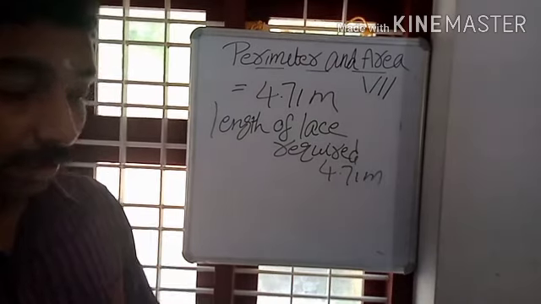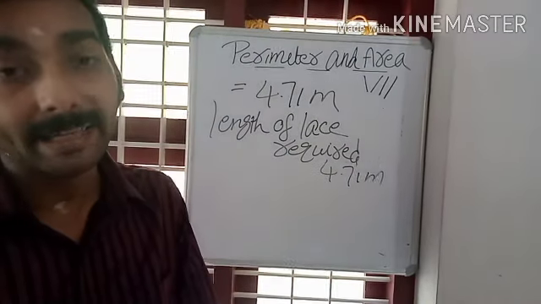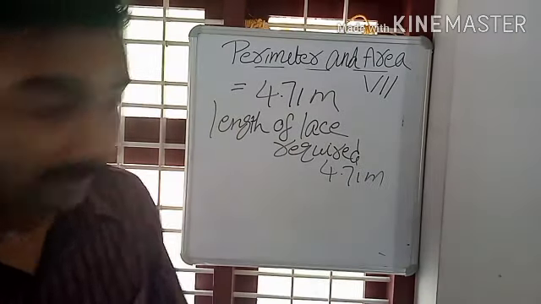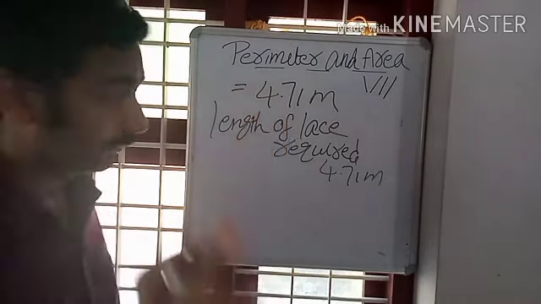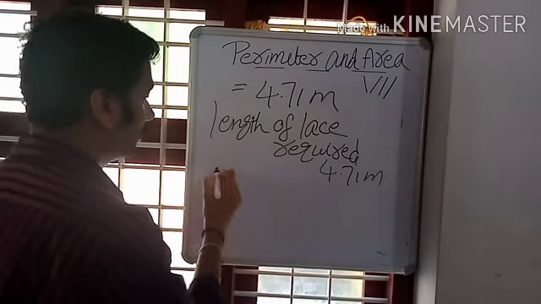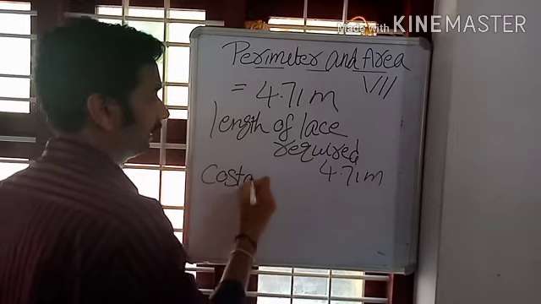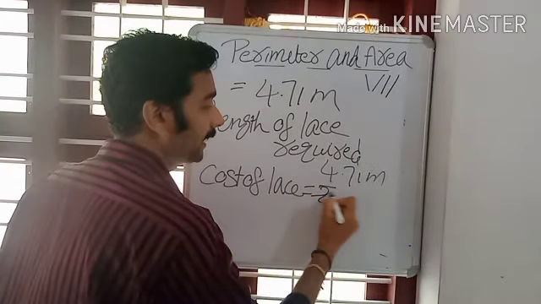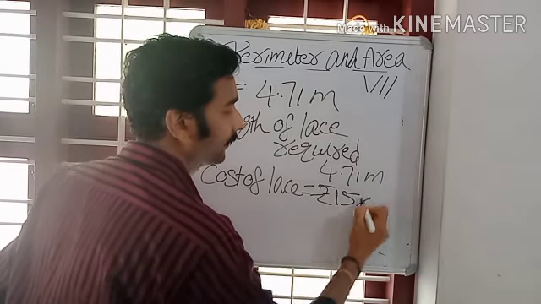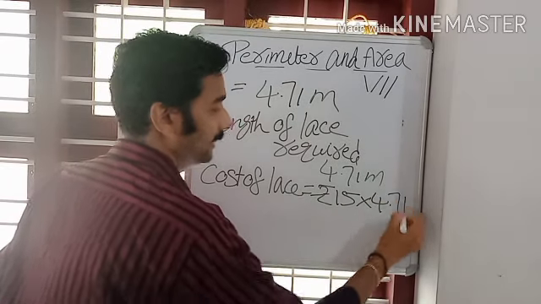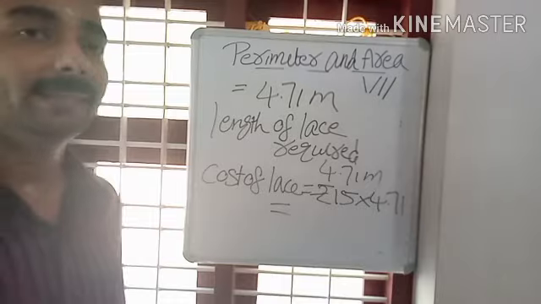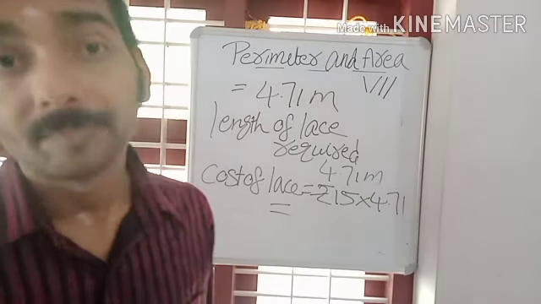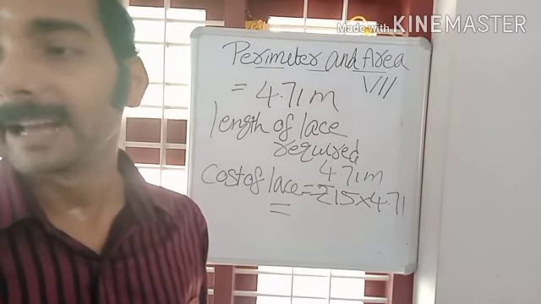The cost of lace per meter is rupees 15. Then the cost of lace equals rupees 15 into 4.71.